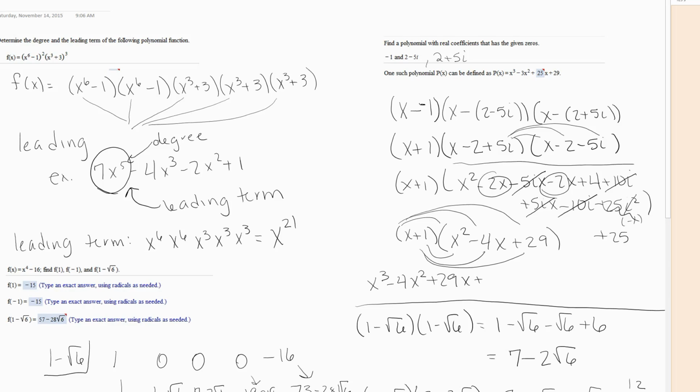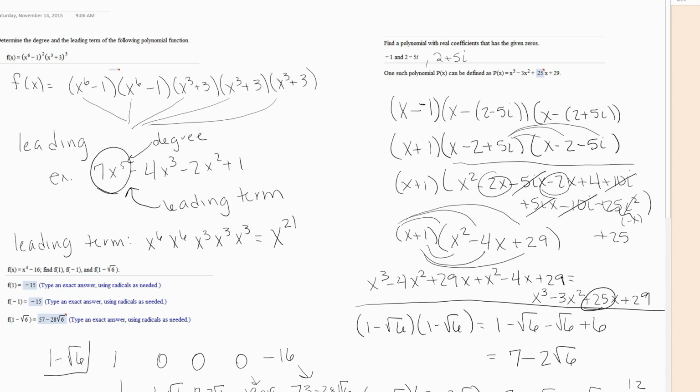So x squared minus 4x plus 29. And when we simplify this, we get x cubed minus 3x squared plus 25x plus 29. And it was just asking you to fill in that number, which was 25.